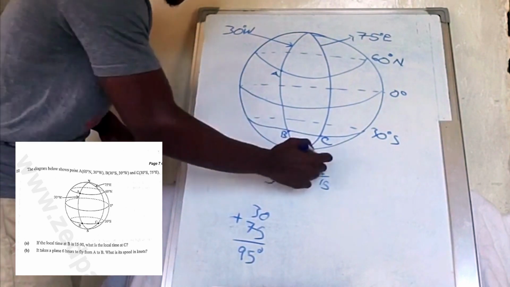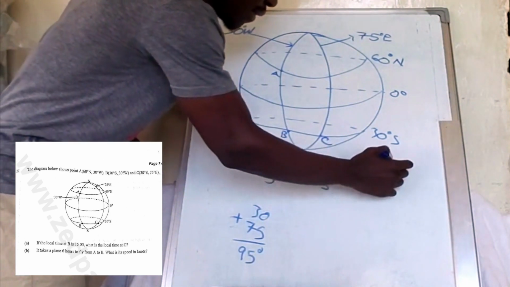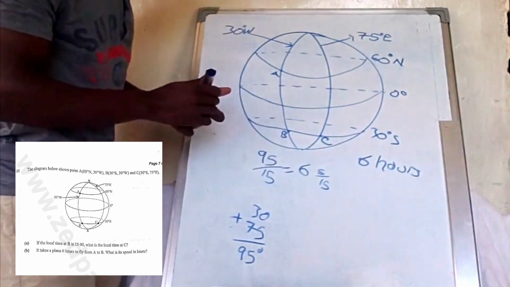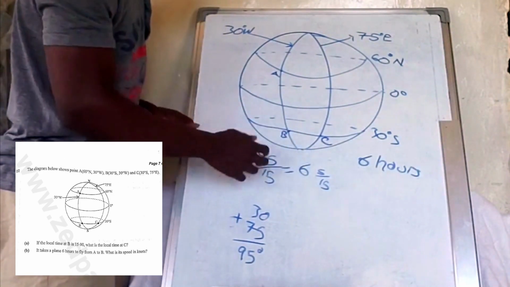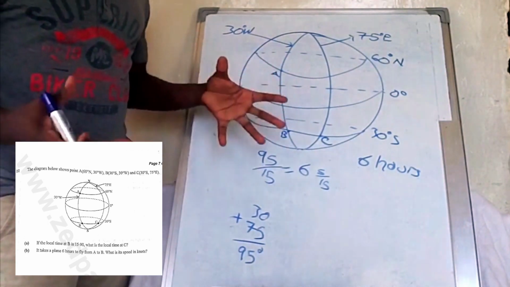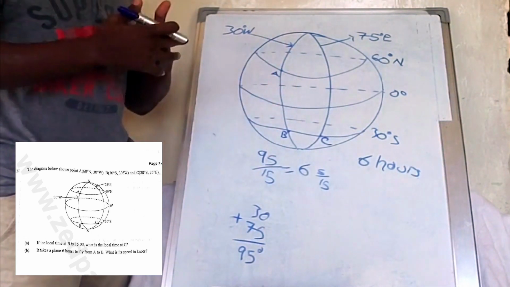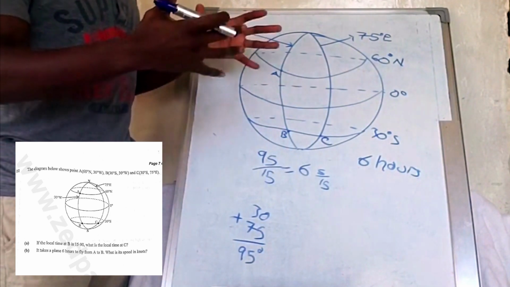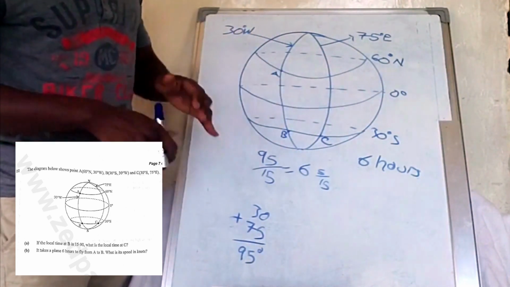So in short, we've got 6 hours. Now we'll deal with the remainder. We've got 6 hours, that's the time difference. The remainder is going to give us the number of minutes that have been added to these 15 hours that we have.